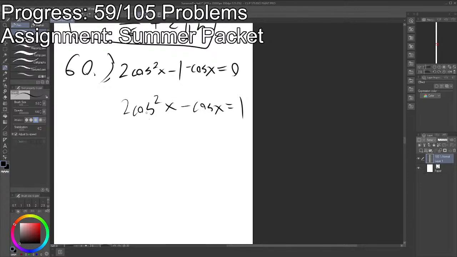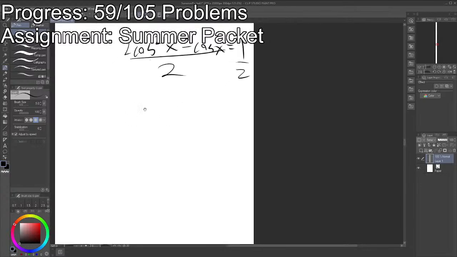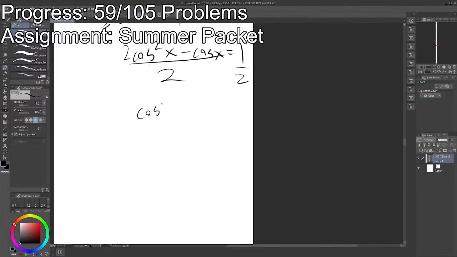I forget, I don't know if you're allowed to do this. I think I tried this last time, dividing by 2 and then square rooting. I'm just going to do it though, because I have no idea what else you're supposed to do. Hold up.